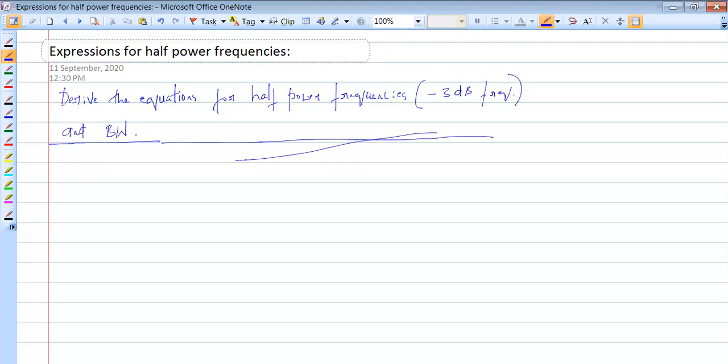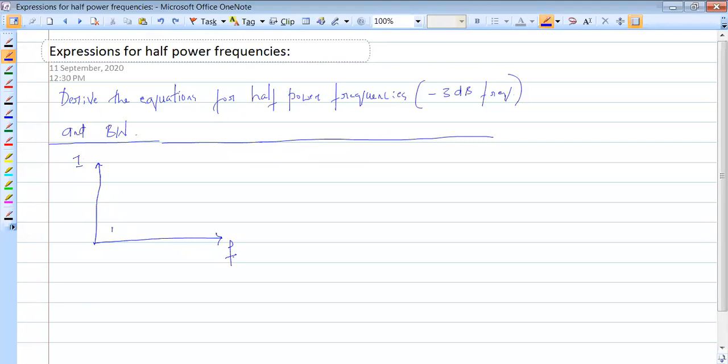What are F1 and F2 that we are talking about? See here, this is the y-axis, this is the x-axis. So this is F, this is current I. As we go on varying F, the I would vary like this. Here you will have I naught, and if you come down by 3 dB, you will have the same current dropping to 1 by root 2 times.